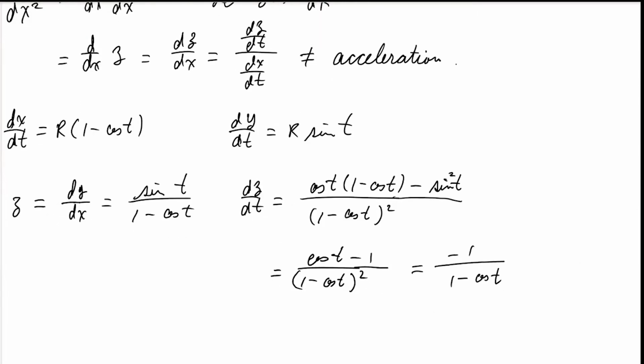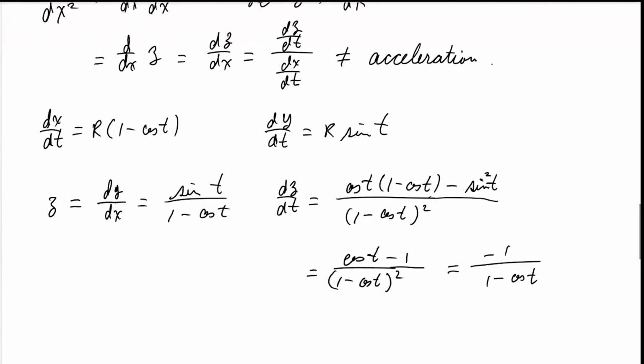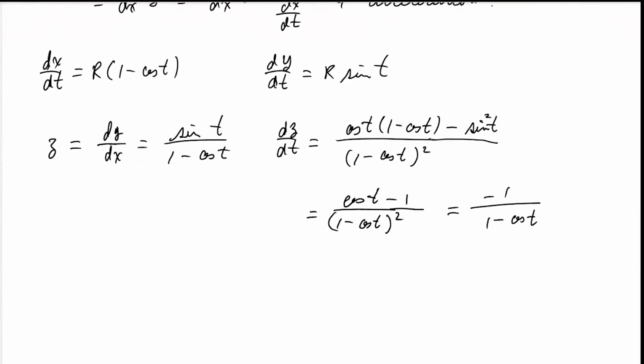If it's too much algebra, now is the time. Okay, therefore, with this, which is the same thing as dz over dx, dz over dt over dx over dt. So we take this whole thingy over this whole thingy. You know what I'm saying?